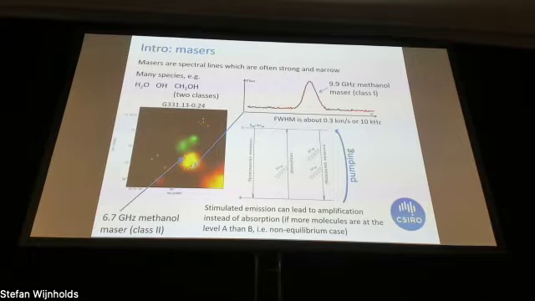They're not necessarily at the same place, and they don't all share the same properties. In my talk, I will concentrate on two masers. One is the 9.9 gigahertz methanol maser, located where that line shows. The other is the 6.7 gigahertz methanol maser, which is not located at the same place, but is seen in projection to the same HII region.